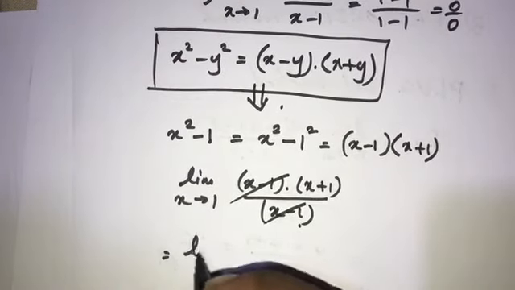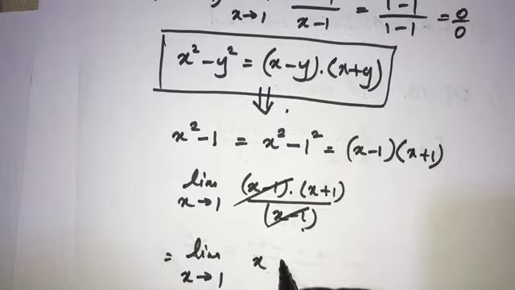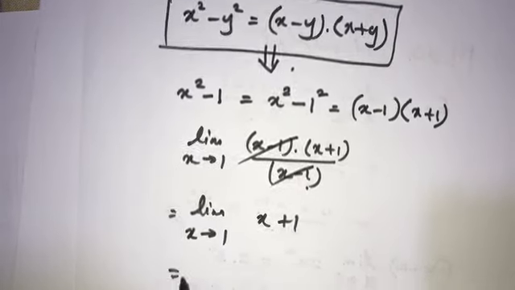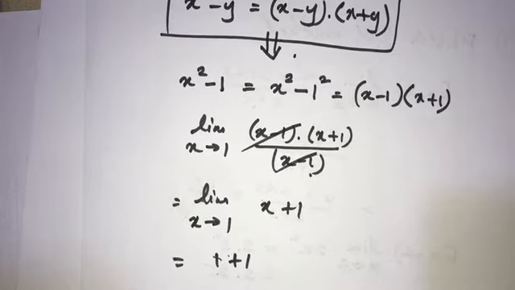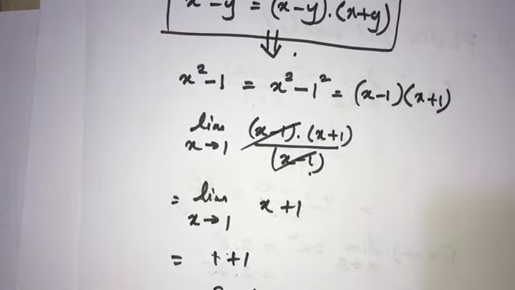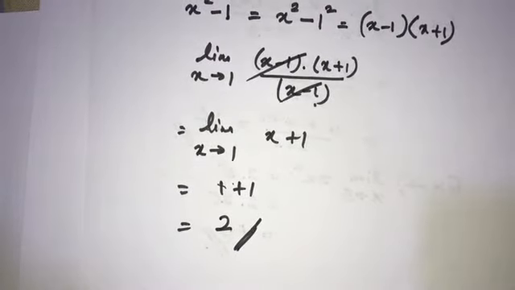So limit x goes to 1 of x plus 1. Substitute 1 for x: 1 plus 1. So the answer is 2.